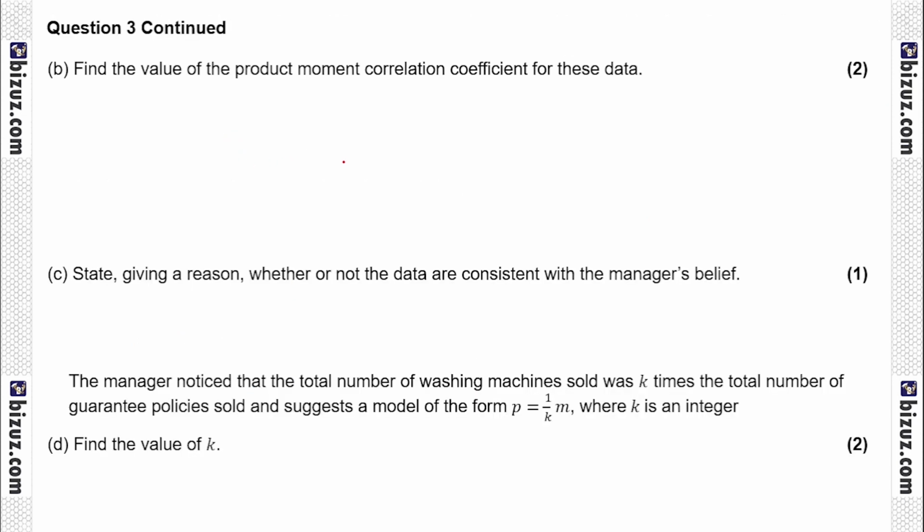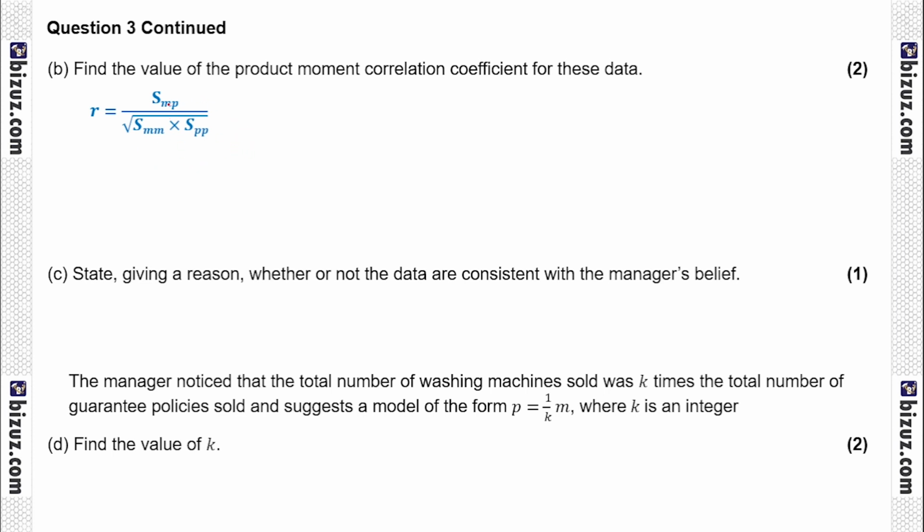Part B. Find the value of the product moment correlation coefficient for these data. So the value of the product moment correlation coefficient, abbreviated as R, is going to be equal to the summary statistic S sub MP divided by the geometric mean.